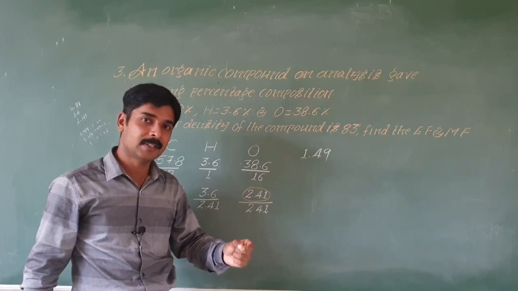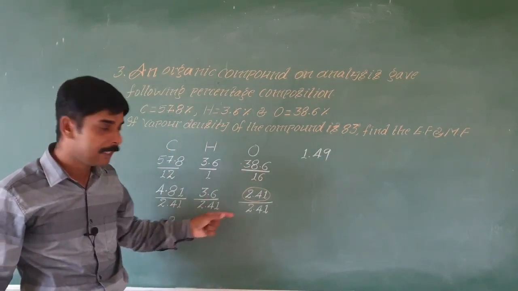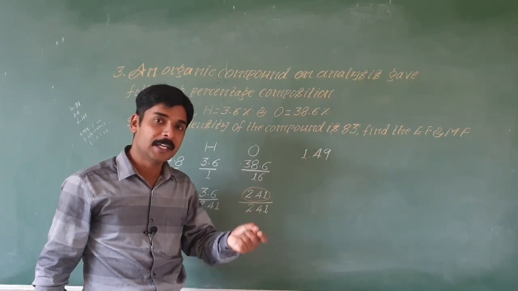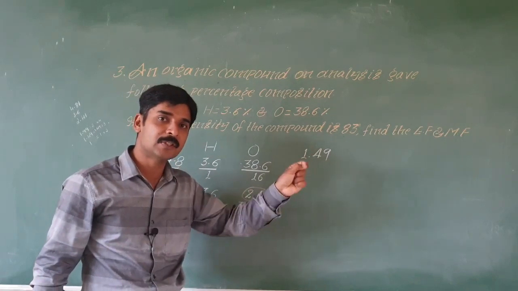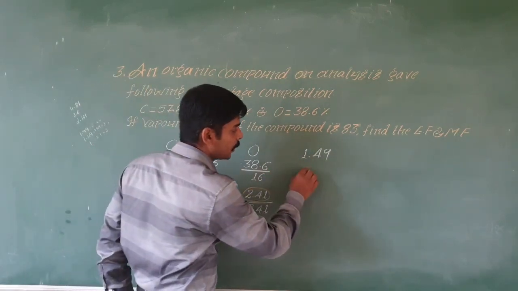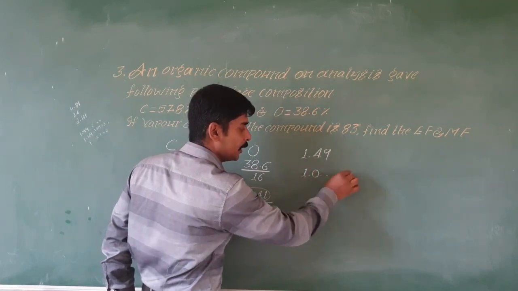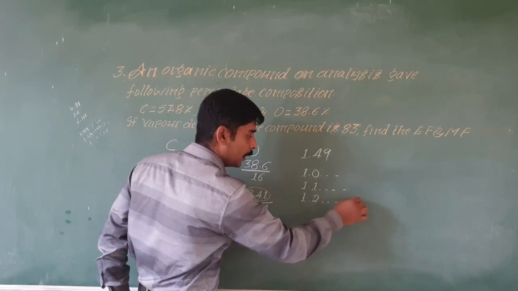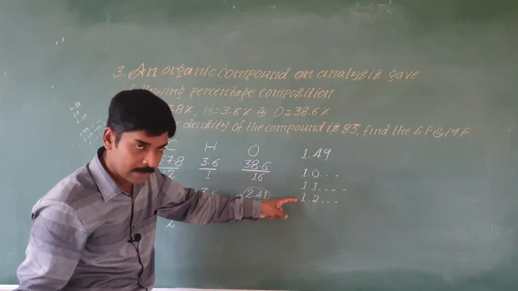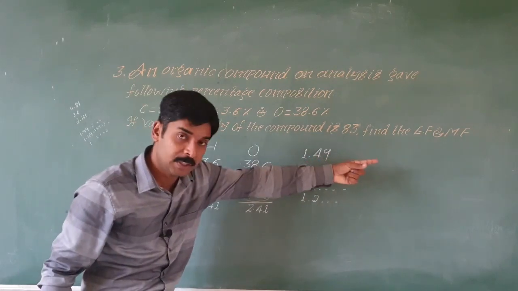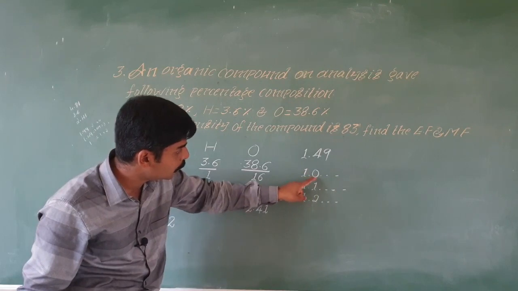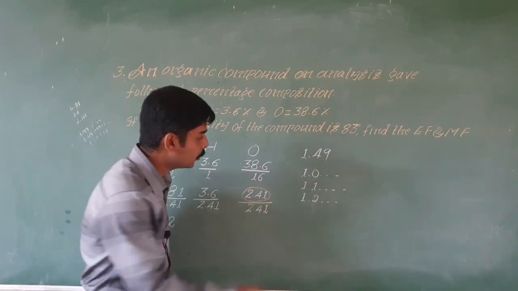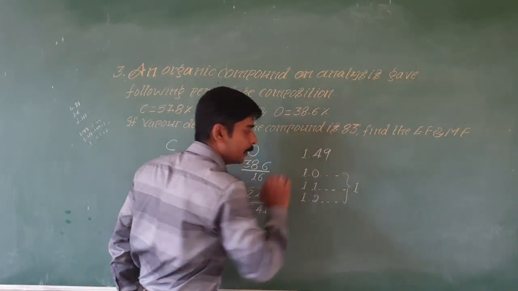There are cases where sometimes when you divide, it will not be nearest to any whole number. In such a case, what has to be done? In which cases can you round off and in which cases can't you? Now you see, if it was 1.0 and any digit, or 1.1 and any digit, 1.2 and any digit, you could round off all these three to 1.